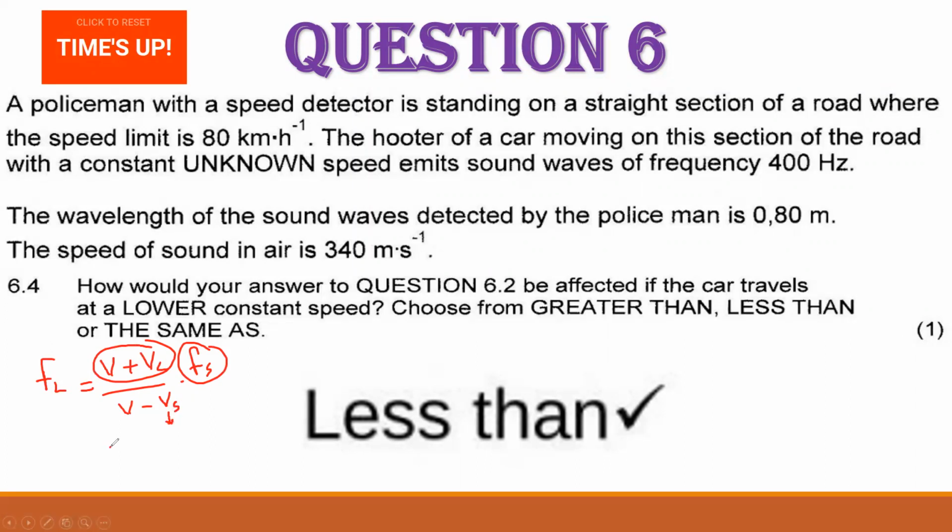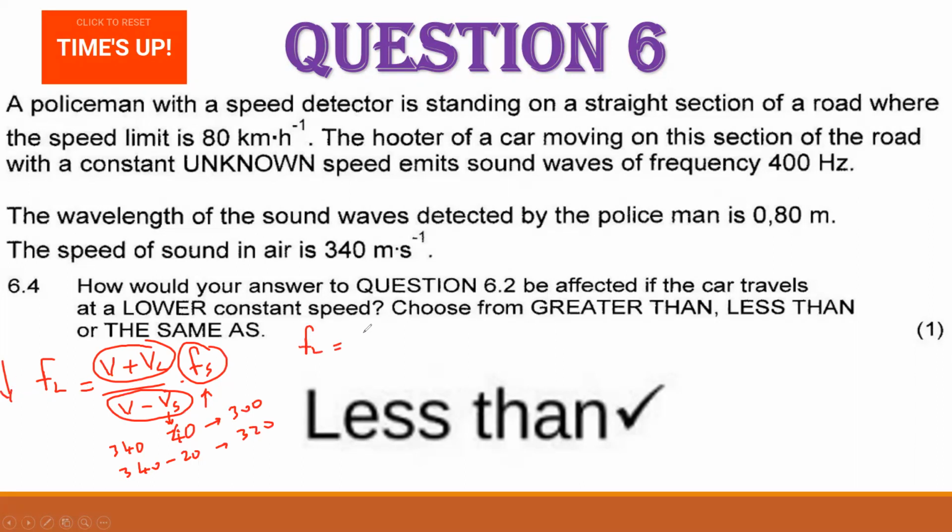For example, if we have 340, for now we have 70, it was 72. Or we can give another number to make it easy. Let's say it is 40, now you have 300, right? If you make it less, 340 minus 20, for example, now 320. As you see, this all together is increasing. If this side is increasing, FL will decrease because it is inversely proportional.